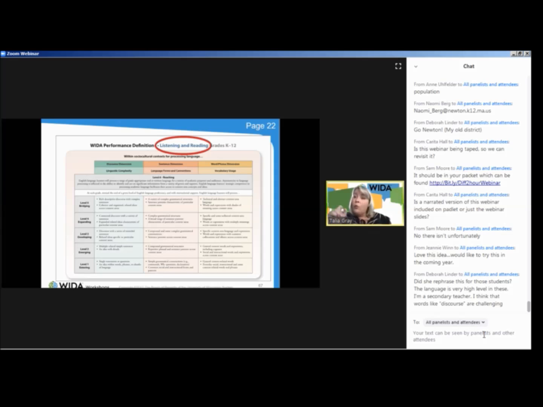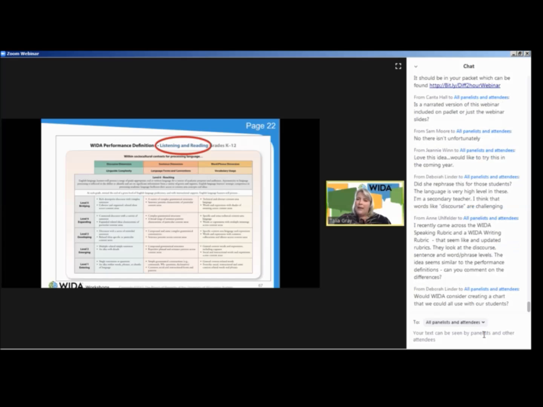That means the words you are using are on level 3. The sentences you are using are in level 3. Or your discourse, the way that you write and speak, is on level 3. We call discourse the way that we write and speak. Just give them a little bit of background, and your students, what they can handle and what they can't.